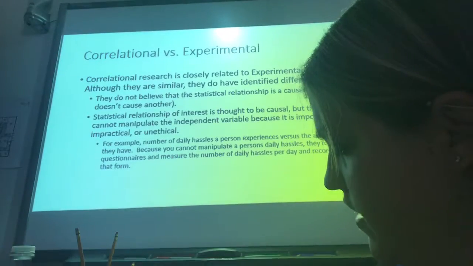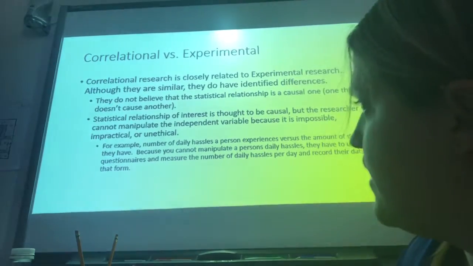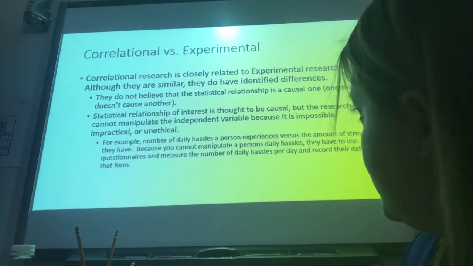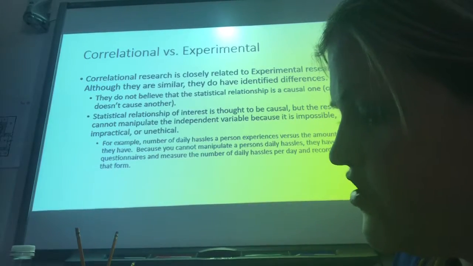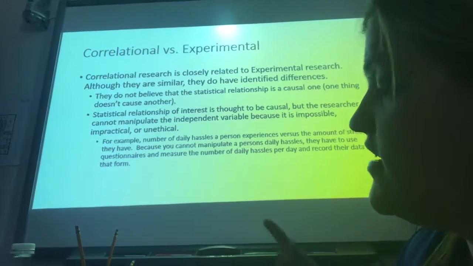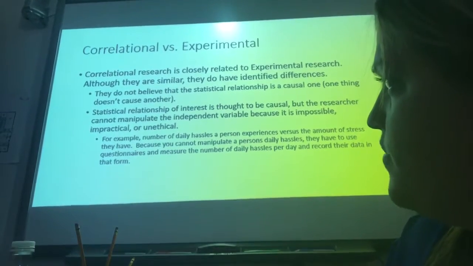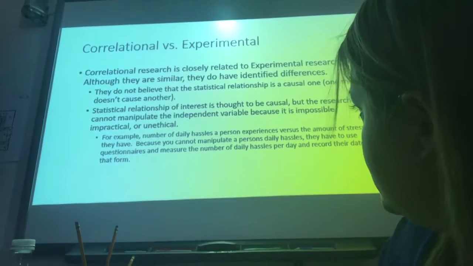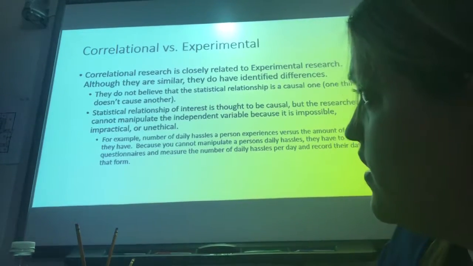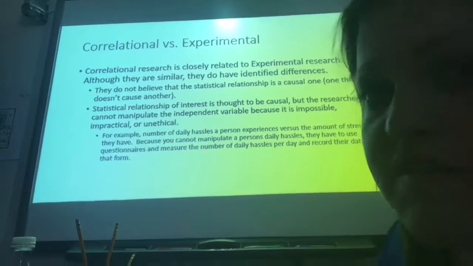So people use correlational instead of experimental because in experimental research you can actually manipulate the variable, whereas in correlational research you cannot manipulate it. And I did give a quick example. They were looking at the number of daily hassles a person experiences versus the amount of stress they have. You cannot manipulate a person's daily hassles.